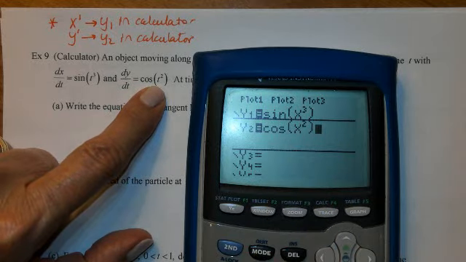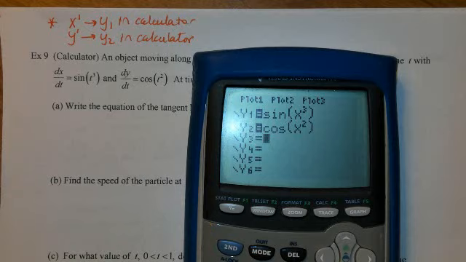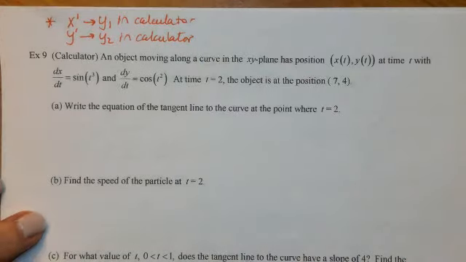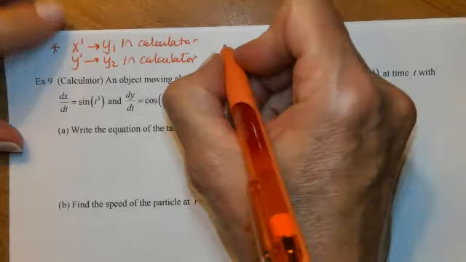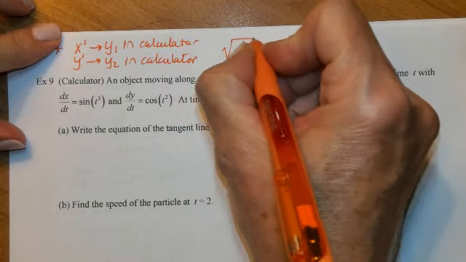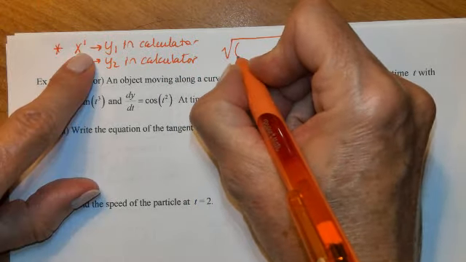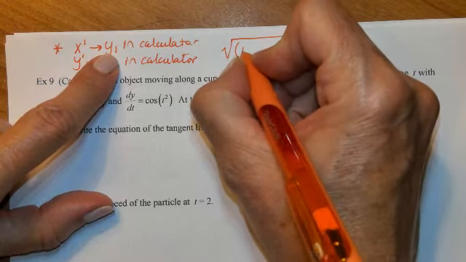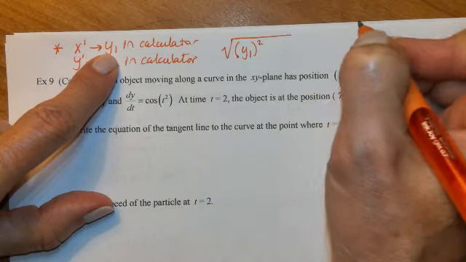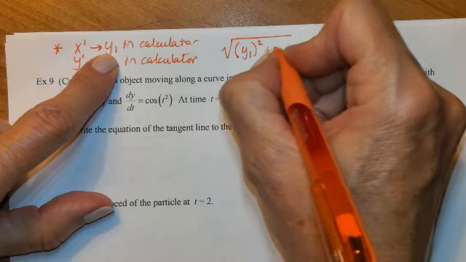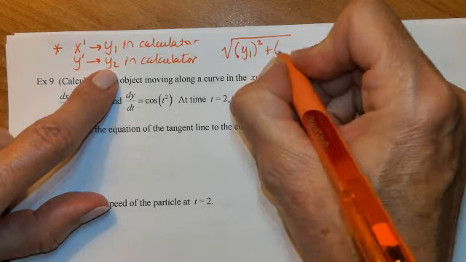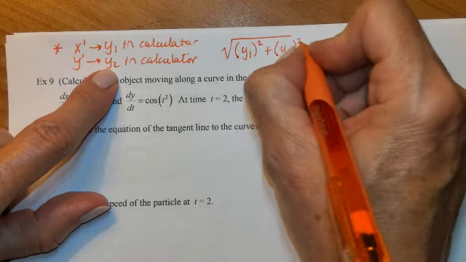Now, another very useful function is that square root. Remember that square root one? So you want to put the square root of x prime squared, but remember x prime is your y1, and then y prime squared, but y prime is your y2.